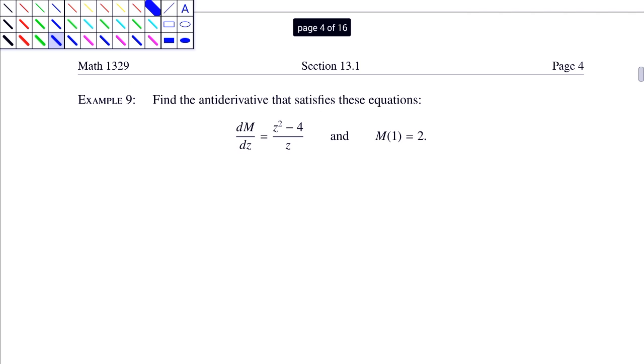So first off, we need to find the m function. What is the variable on the m function? And how do you know? It's z, right? So we're going to end up with m of z. And how did you know?